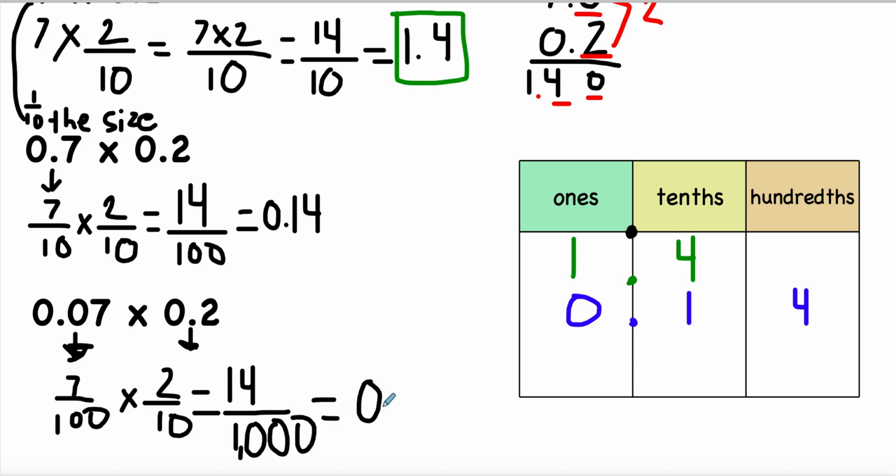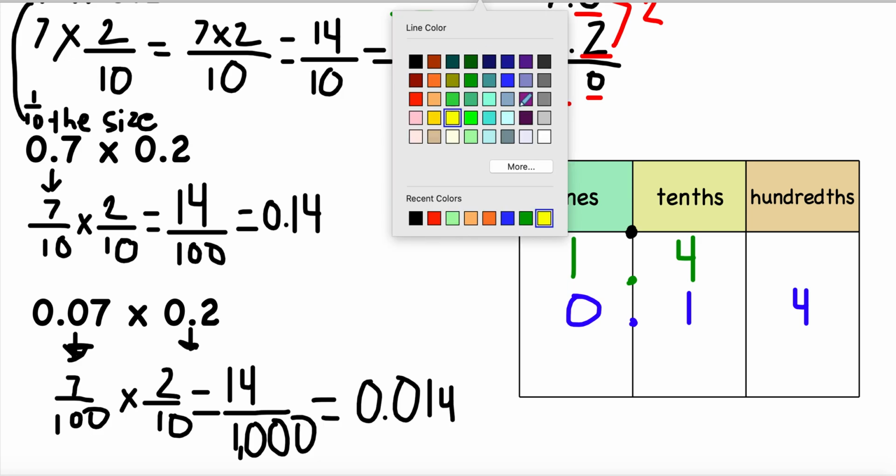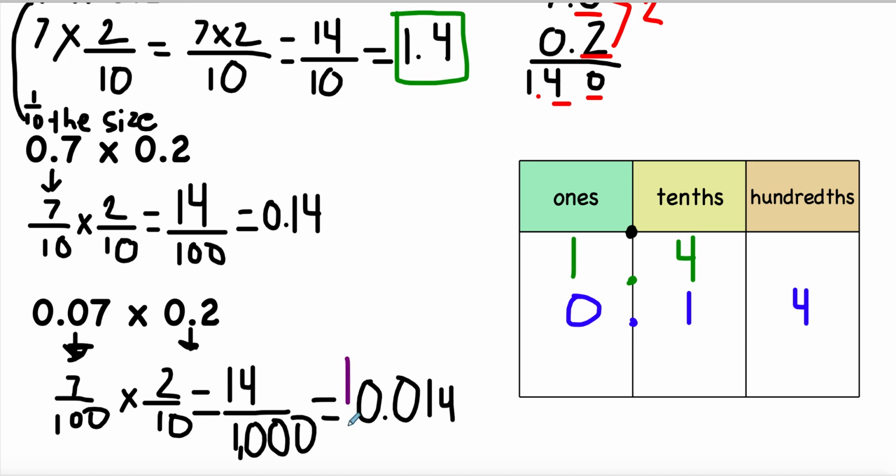And I can write that as 0.014 to get 14 thousandths. I do not have thousandths in my place value chart, but we know it would go right here. I'm going to abbreviate.